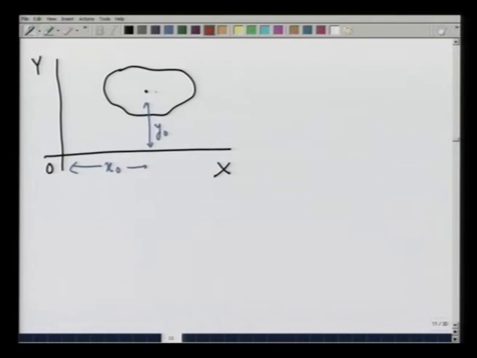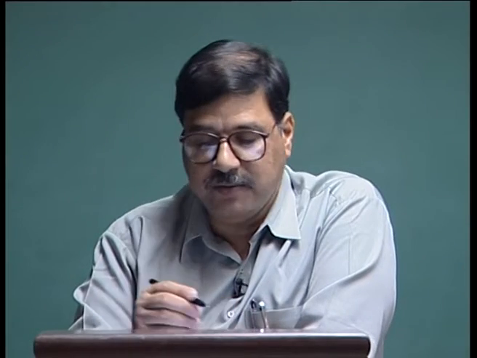Let us choose another set of parallel axes x prime and y prime passing through the centroid. X prime is parallel to x and y prime is parallel to y, and we want to now show that I_xx and I_x prime are related by a very simple theorem, and so are the other moments.